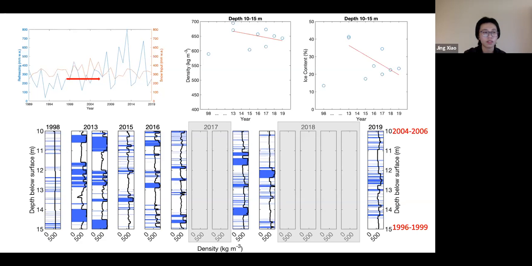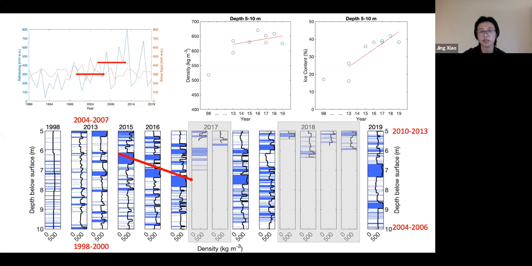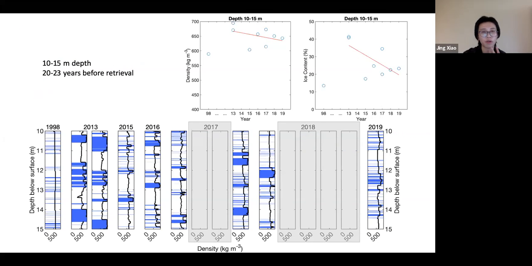And here's 2013. So here the trend lines of average density and ice content are again decreasing. But the lines don't fit the data points as well as before, as we can see. So there are more outliers and noise.